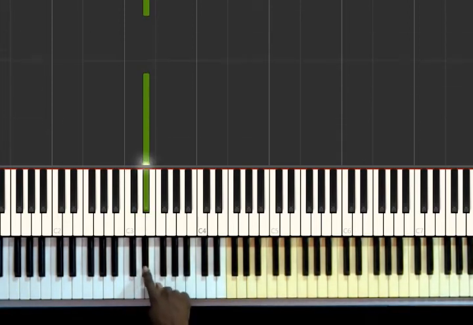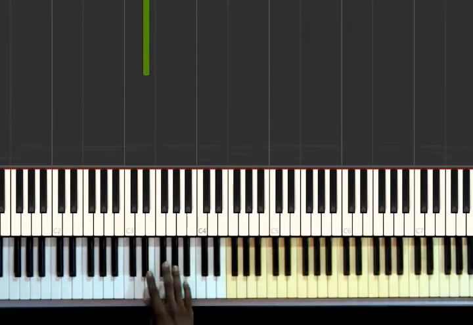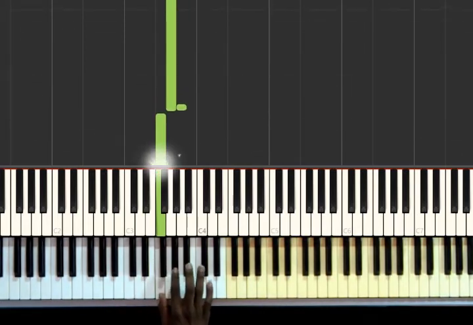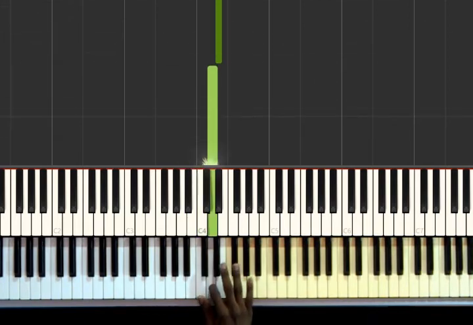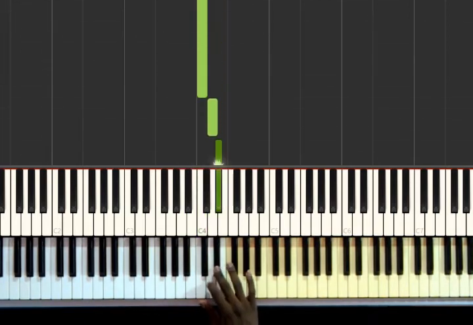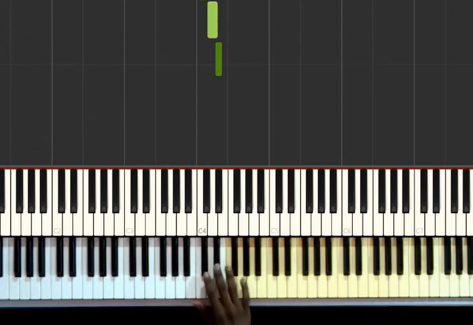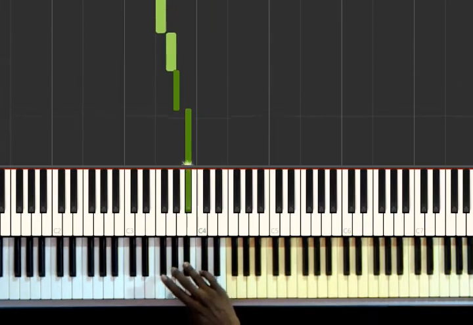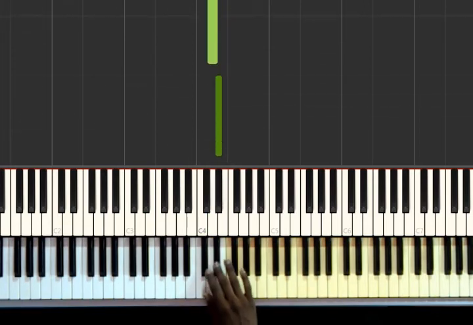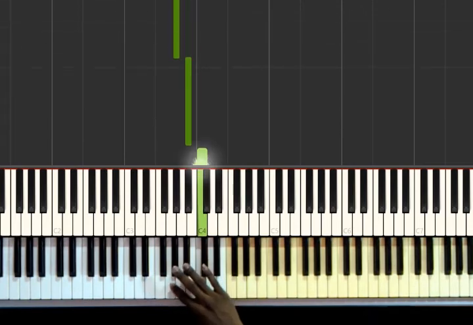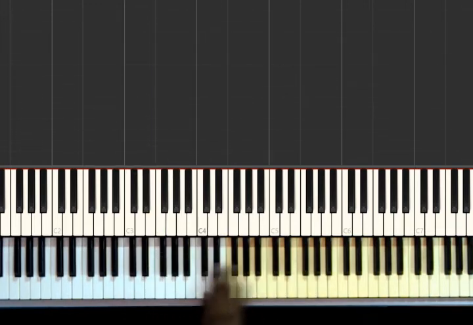In the key of D sharp, we had. Four, 3, 3, 2, 1. Okay? E.